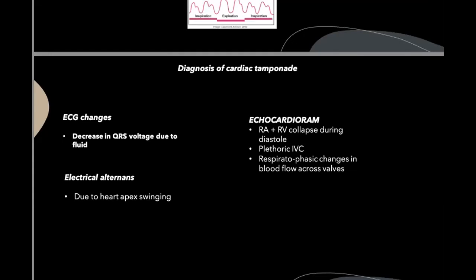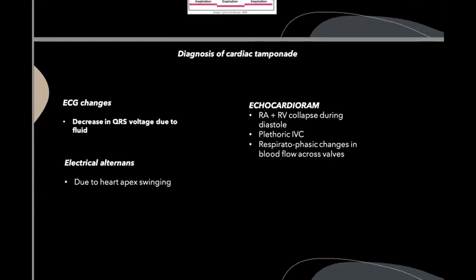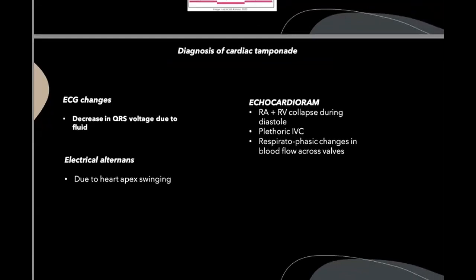So we have a buildup of the blood in the atrium, and that will lead to blood going back to where it actually came from. So the inferior vena cava will be dilated, and there are respiratory phasic changes in blood flow across the valve, and that will be also the tricuspid valve, that during inspiration we have this venous pressure, and this will cause a massive inflow of blood, and that will be seen in the tricuspid and mitral valve, but tricuspid because of the venous pressure.